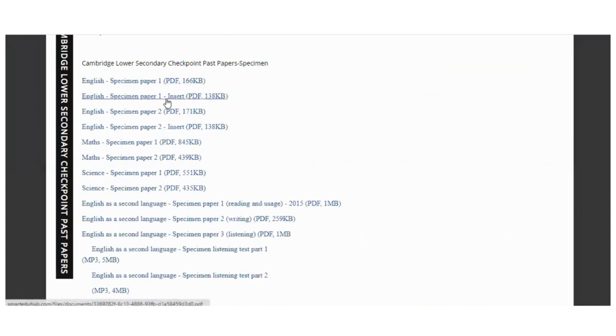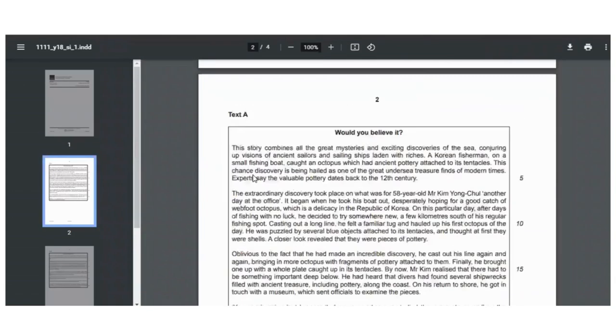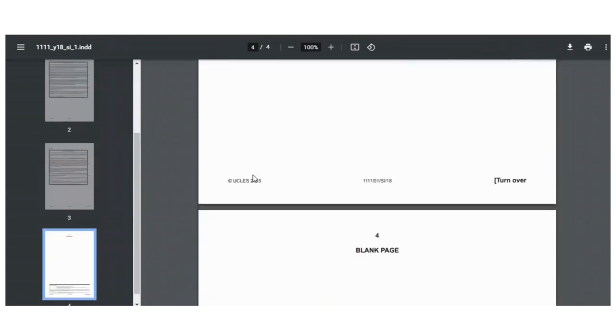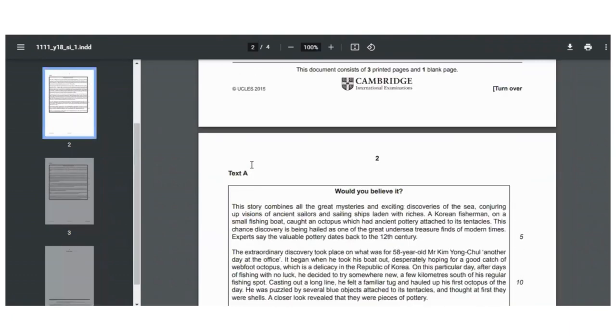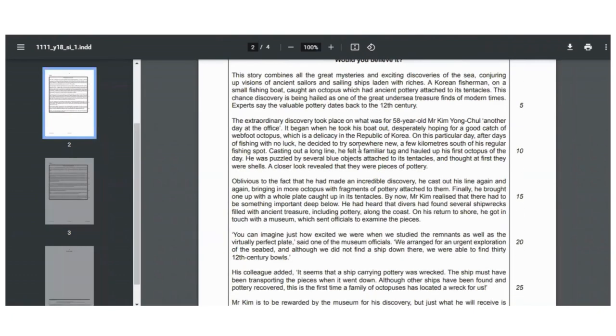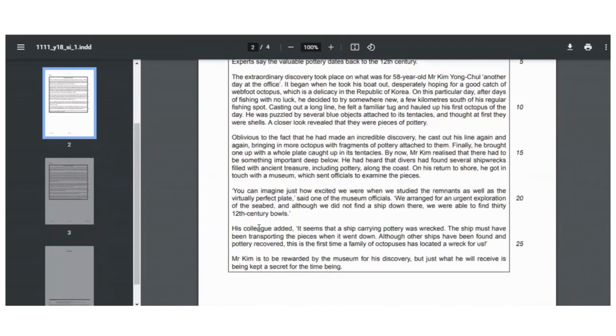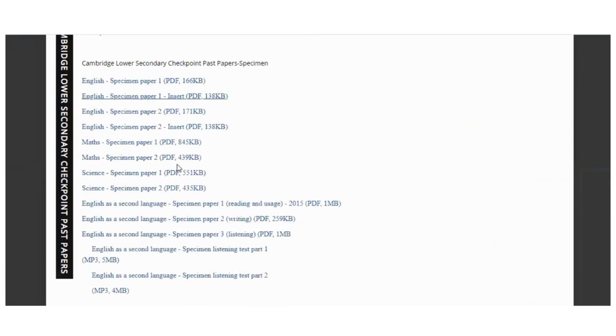So if I just pull up the insert, I think it should be a clear difference that the insert is more technically difficult to read, right? So no pictures, it's all just information, and you can see that certain grammar and words that will be used here won't be found in the primary paper, as expected.